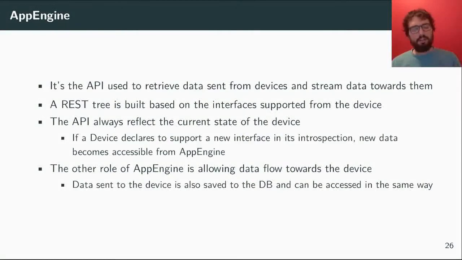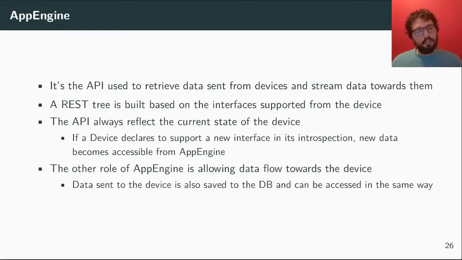But if the device at a later time says, okay, I also support geolocation interface or humidity interface, then they will be added at that moment to the device API. So you can always query just the data that the device supports.